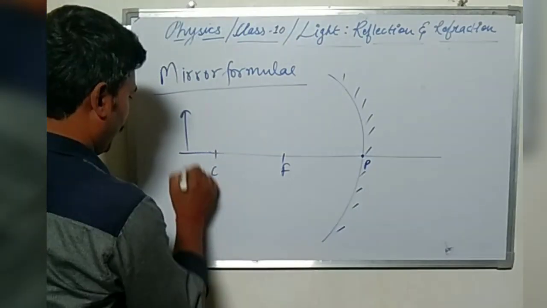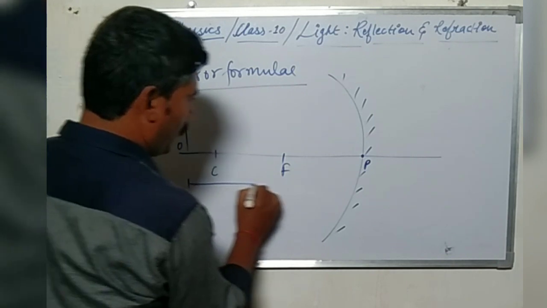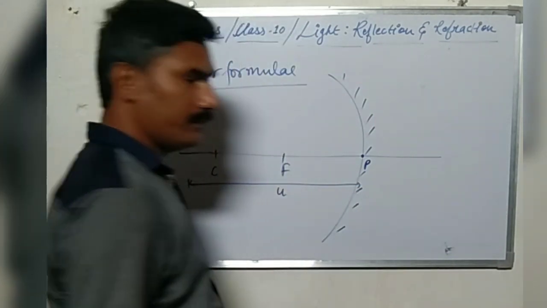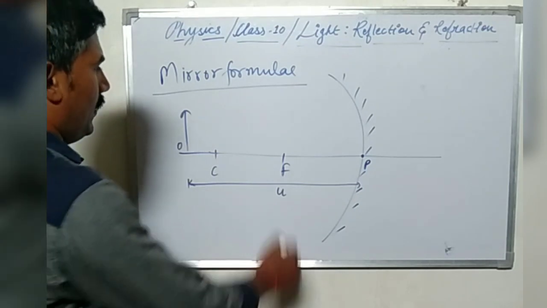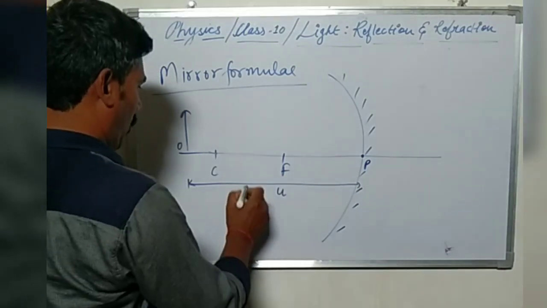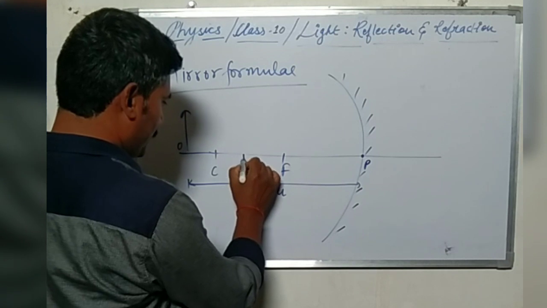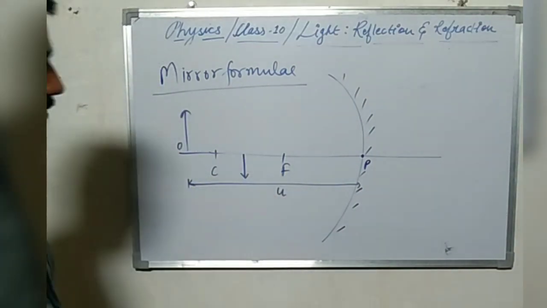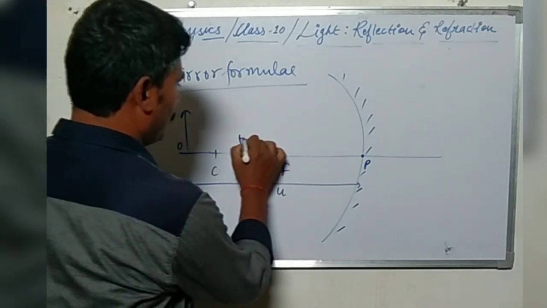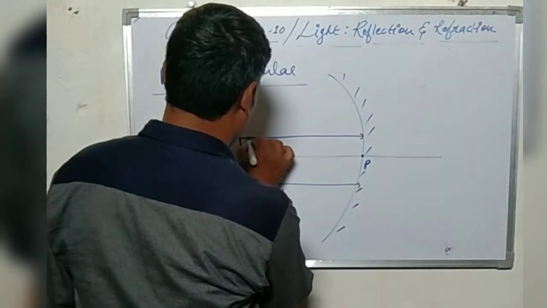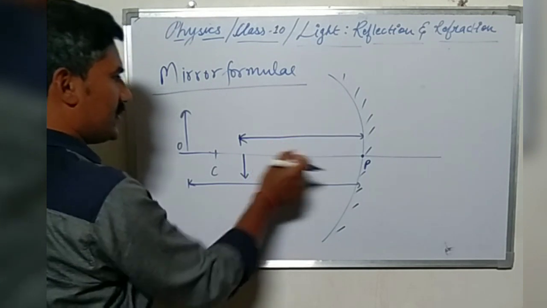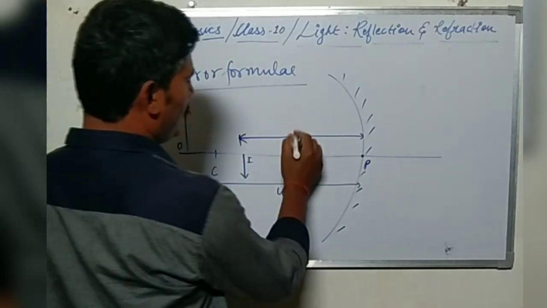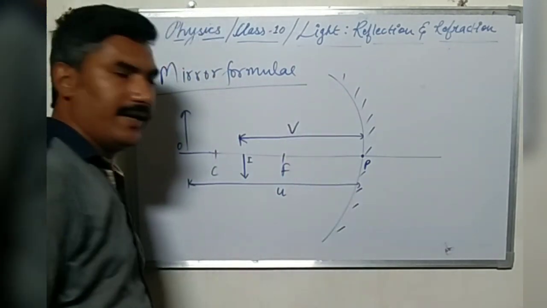The distance between this object and the pole is taken as U, and the image formed is between the center of curvature and the principal focus. We have discussed this case. The distance between P and this image is known as the V distance.